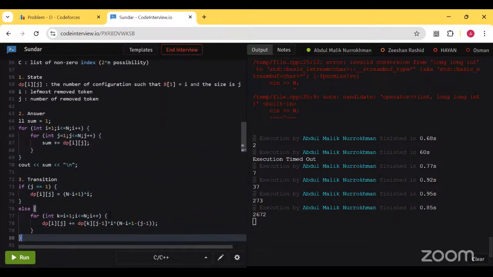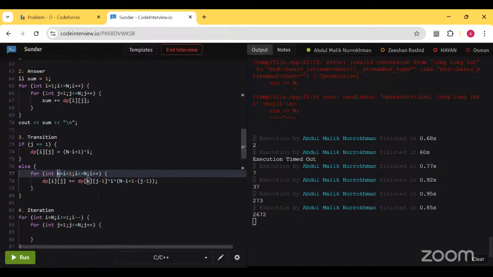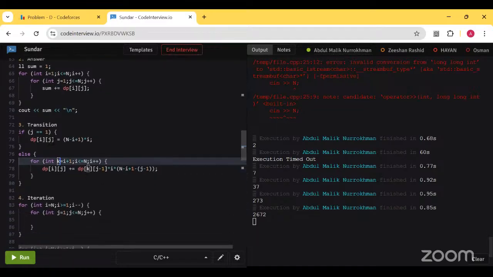Okay. How about the transition? If j is 1, it means I is the only removed token. So it is just like this. And then what if there is another removed token? So we want to think about what the next token is. The next token is from I plus 1 until n.